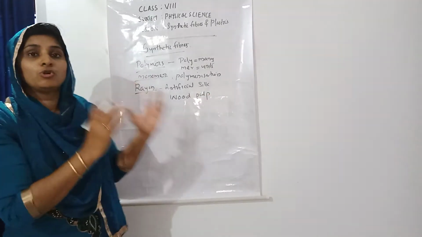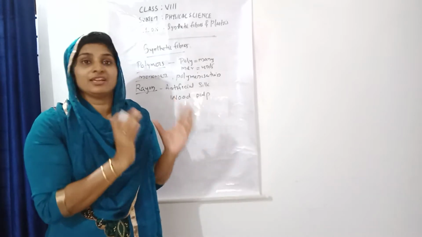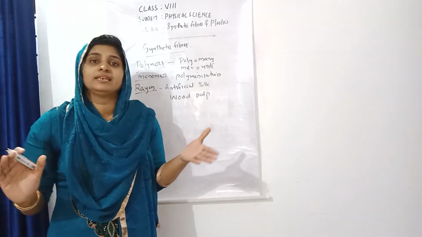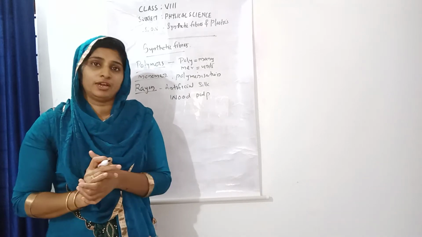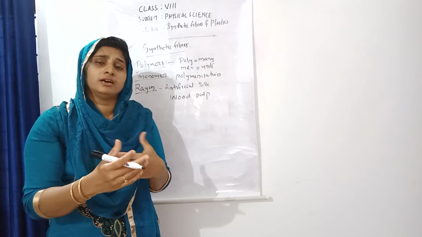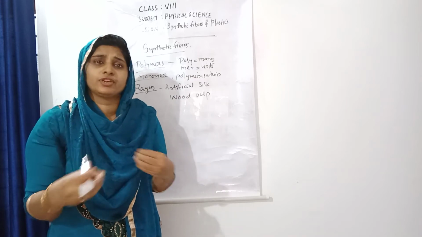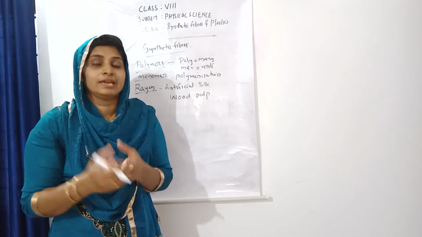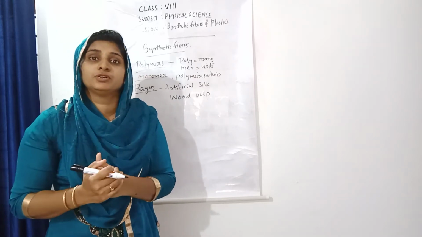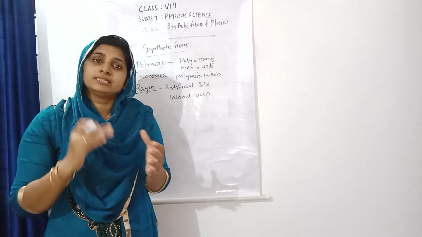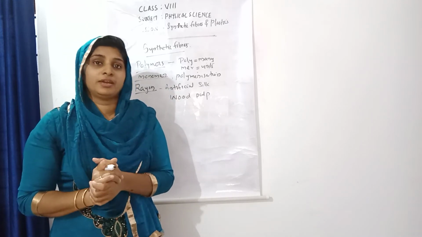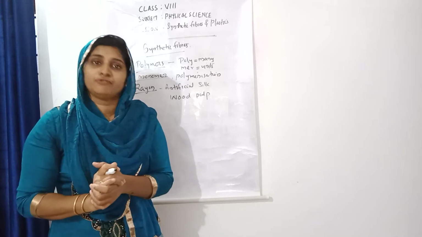So the raw material is natural. So rayon is not completely considered a synthetic fiber, but this wood pulp undergoes a lot of chemical processes in the laboratory, and in that way it is converted into rayon. So it is a semi-artificial or semi-synthetic fiber.